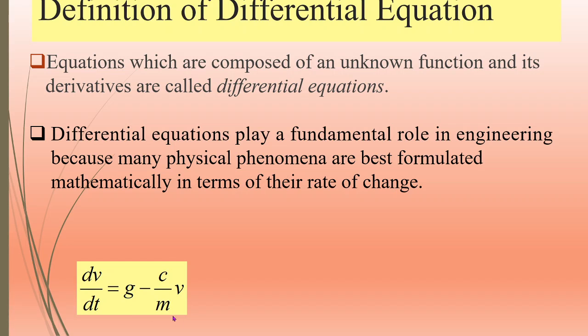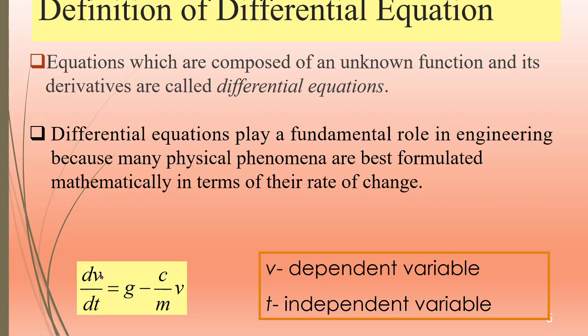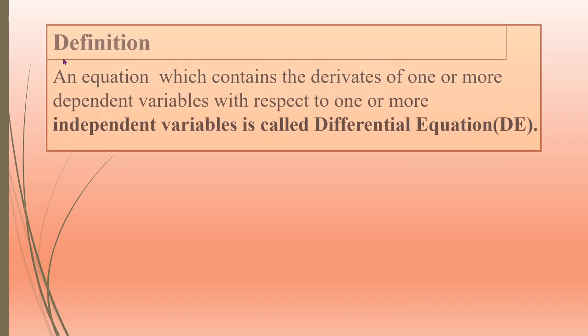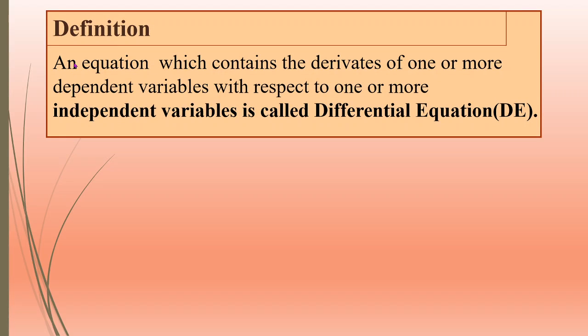Here is an example of a differential equation where v is a dependent variable and t is an independent variable. Mathematically, a differential equation is defined as an equation which contains the derivative of one or more dependent variables with respect to one or more independent variables. Here are a couple of examples of differential equations in various forms.